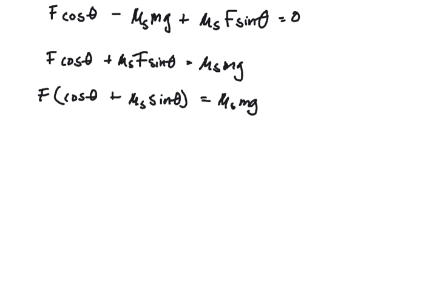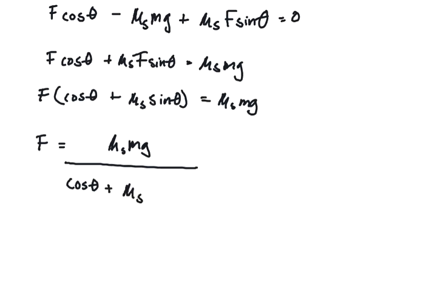And then I'm going to divide both sides of the equation by this, with the parentheses that are in here, because that's going to isolate f for me. So the mu sub s, the coefficient of static friction, times mass times gravity, that whole shebang has to be divided by the cosine of theta plus mu sub s sine theta.